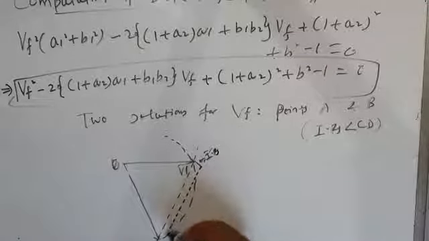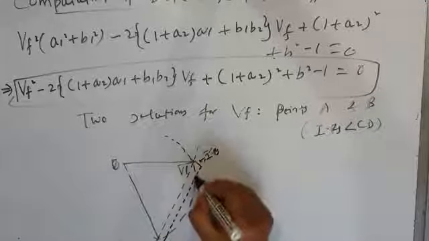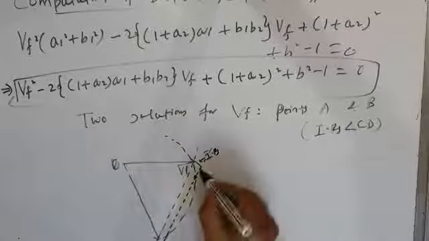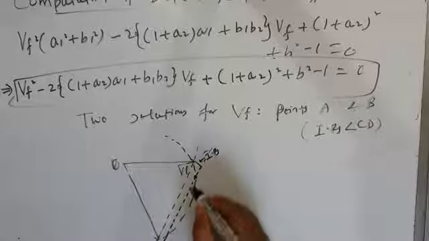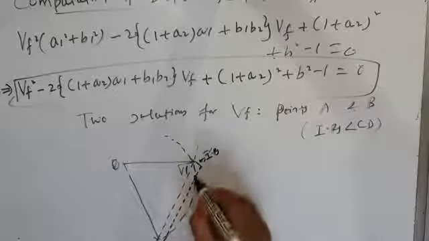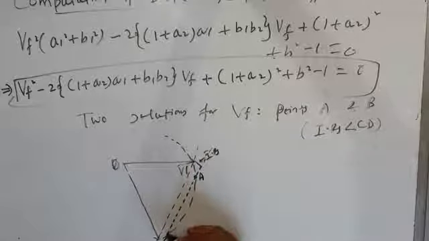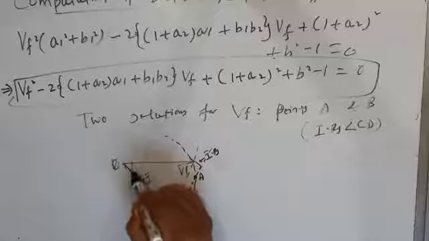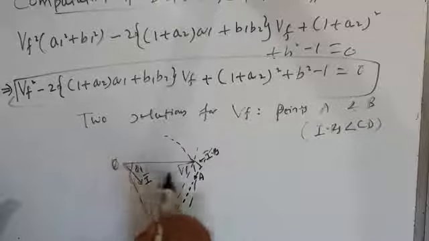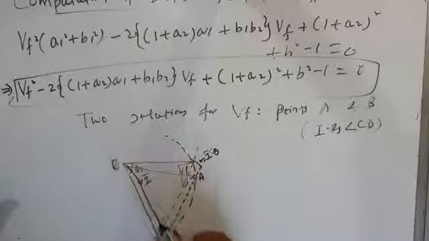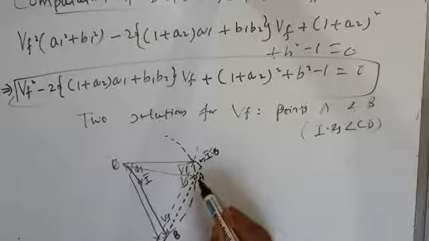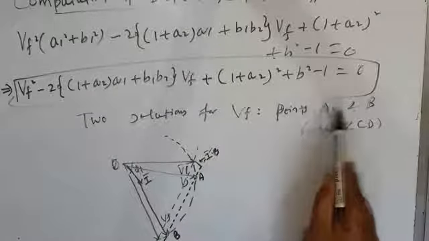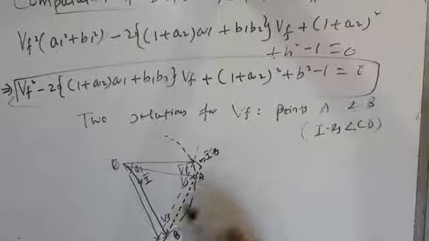This is the trajectory of Vf minus jIXs. It touches the trajectory of Vs here, so this is one solution, point A, and it also intersects here, which is the second solution. If I is the load current, this is phi, so the two solutions are these. This will be Vs, and here also Vs will come. So when you solve this quadratic equation, you get two solutions, and they are points A and B.